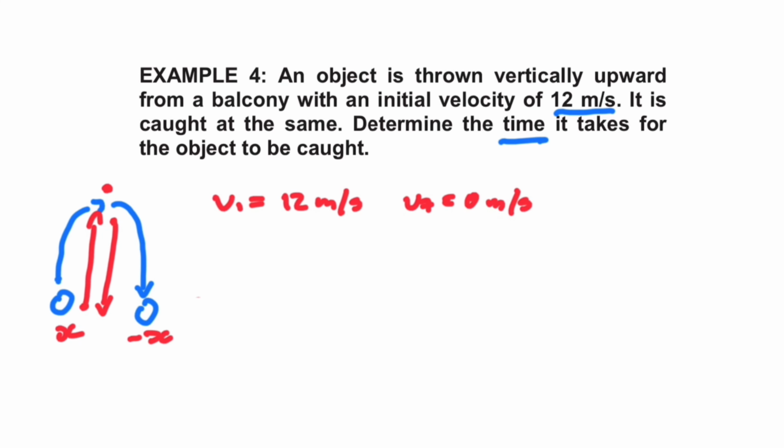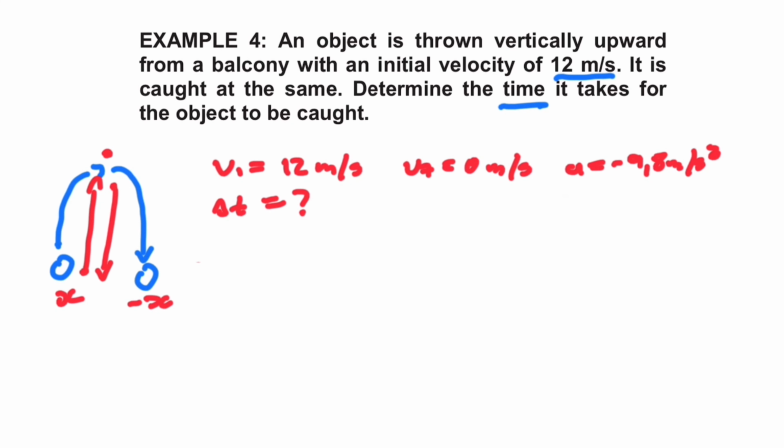So we have Vi and we have Vf. Obviously, we have the acceleration. It is minus 9.8 meters per second squared. We're taking up as positive. That's why our acceleration is negative. The time is what we're interested in, delta t.